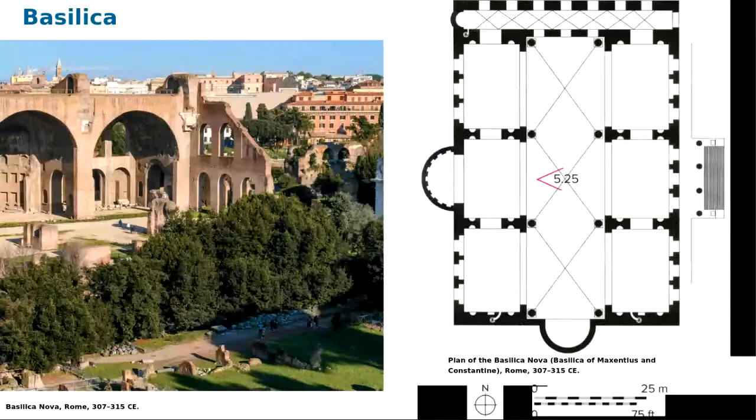So now let's go into Basilicas. I won't talk too much about them right now because of time, but you start seeing how they use the groin vaults, and they start building this really tall space.